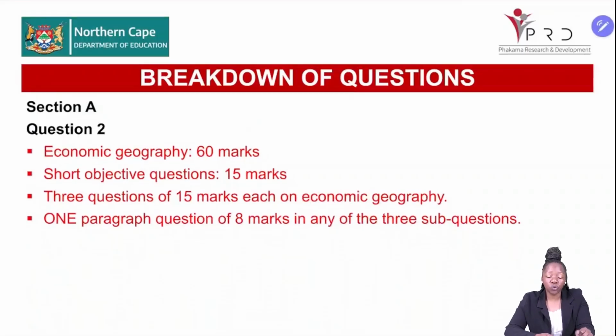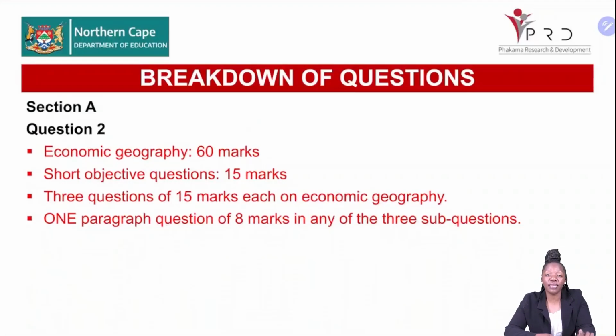Then you move to your question 2. Under your question 2, you should expect questions from economic geography. Again, you will start with the short objective questions, which are 15. So now they will come as 2.1 or 2.2. Again, it is advisable that you first write the numbering so that you make sure that you did not miss any question.